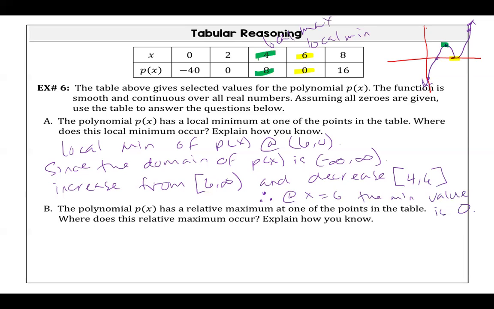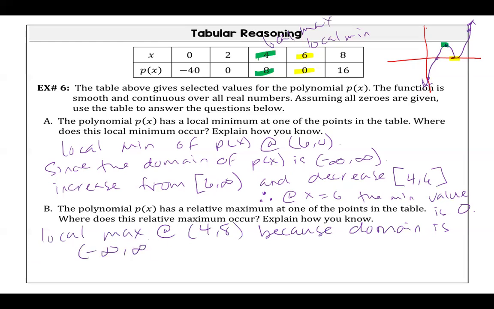And why is it not global? Exactly. So we know we have a local max at 4, 8 because our domain is what? Because the domain is from negative infinity to positive infinity.